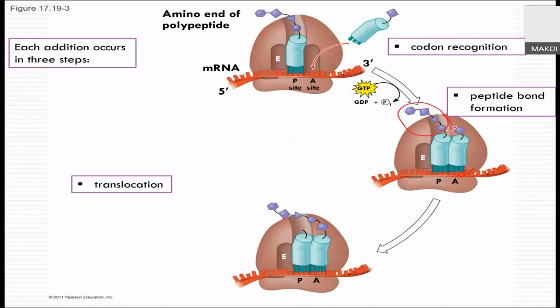So growing polypeptide akan pindah di sini. Peptide bond formations. Dia ada 3 step. Codon recognitions, dia scan what's the codon and then they find the suitable tRNA anticodon. Then peptide bond formations from the growing polypeptide at the P site tadi, P site pindah ke A site.